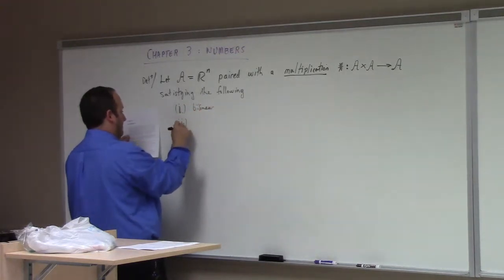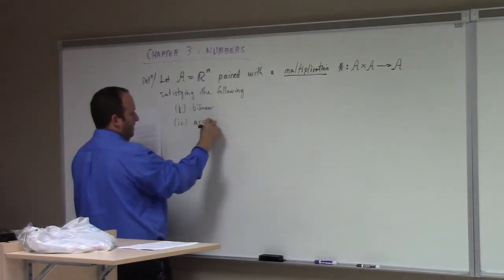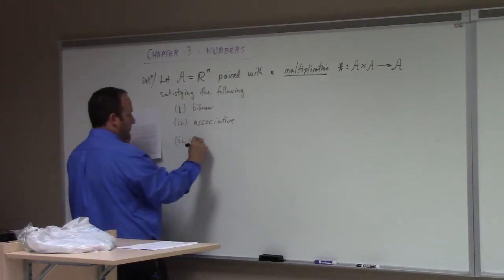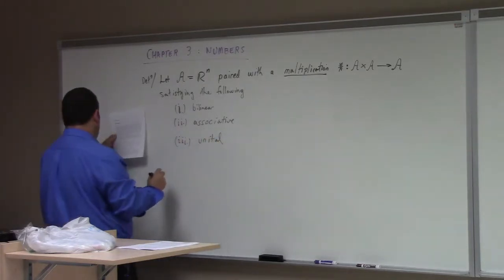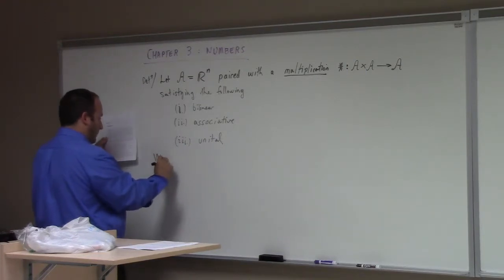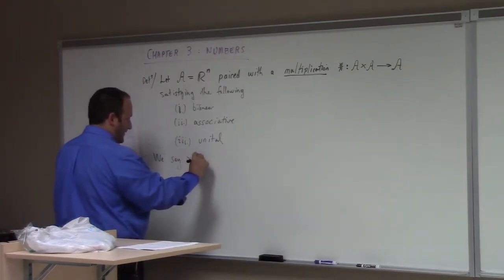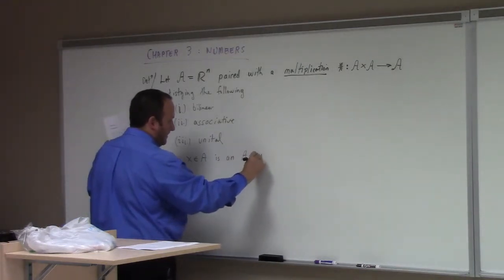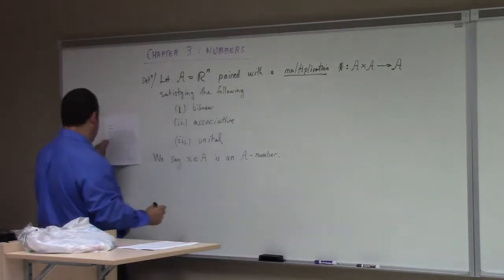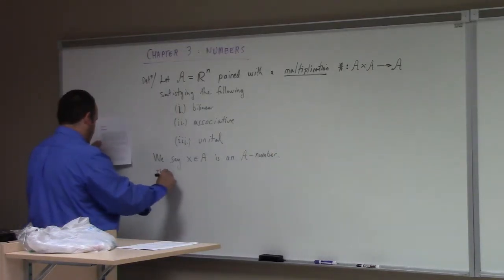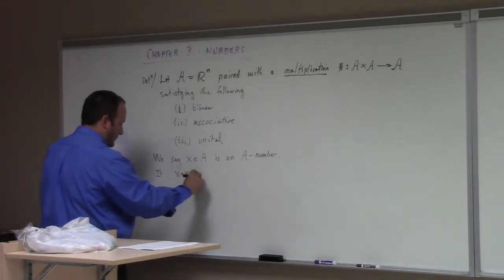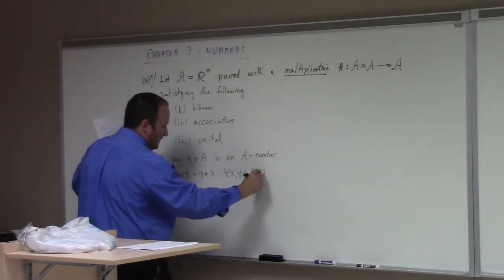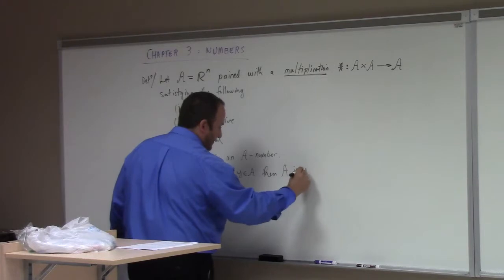Number two, it's associative. Number three, it's unital. And we say x, an element of A, is an A number. If x times y is equal to y times x for all x and y in A, then A is commutative.